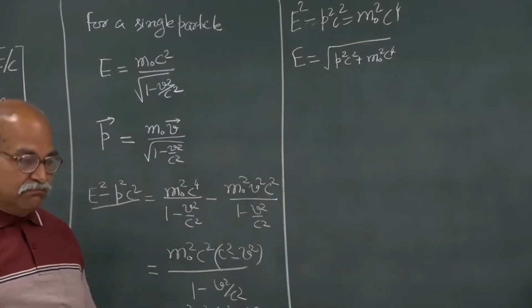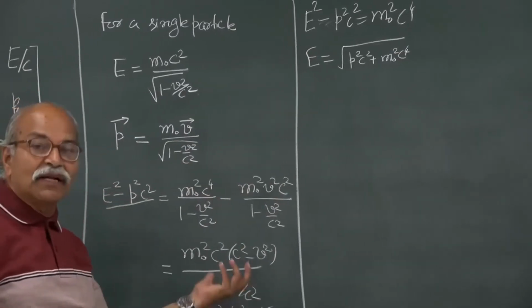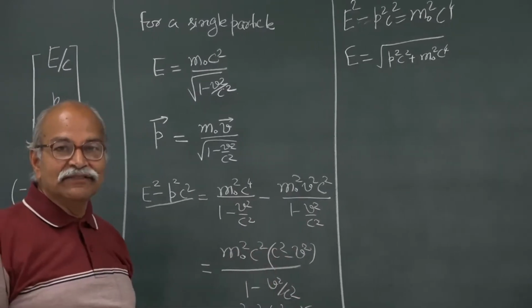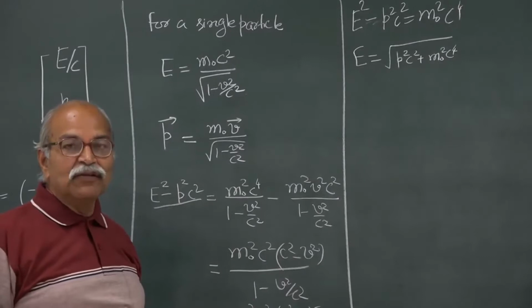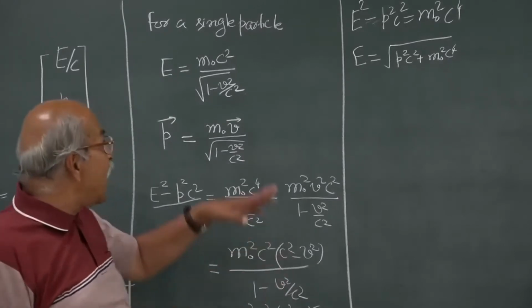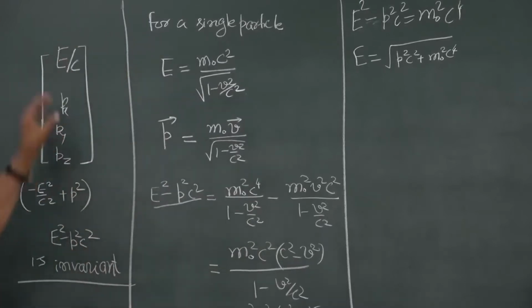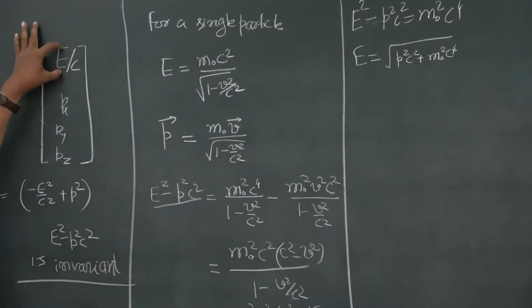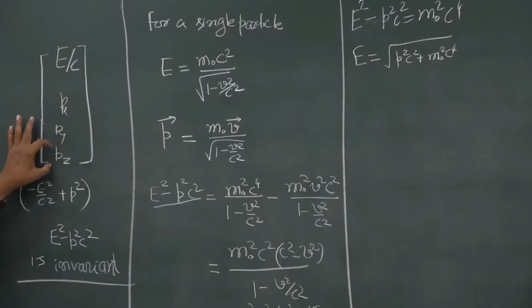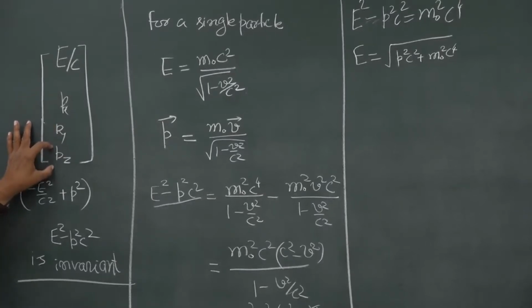If you have a combination of two different particles, and then you write total energy E1 plus E2, and then you write total momentum P1 plus P2, you still have a 4-vector. That is the total energy of the two-particle system, the total linear momentum of the two-particle system x component, y component, and z component.